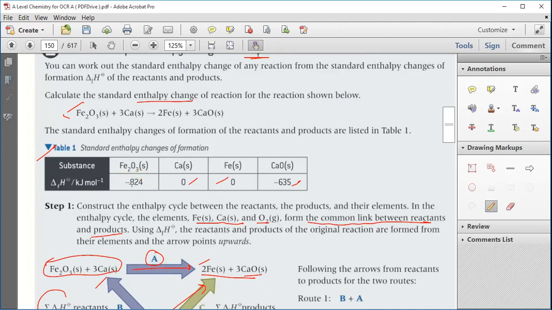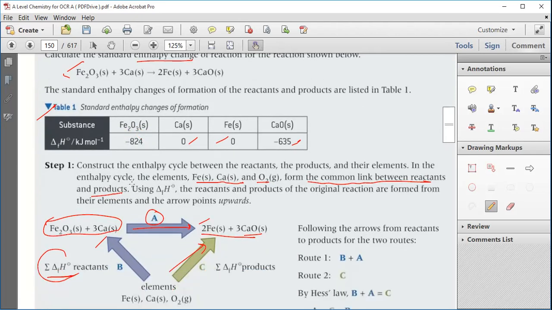So what about the calcium? Calcium is 0 because it is in elementary state. Whenever anything is in elementary state, its enthalpy is 0. Clear? And the same with iron. Iron is also an element, so it is 0.